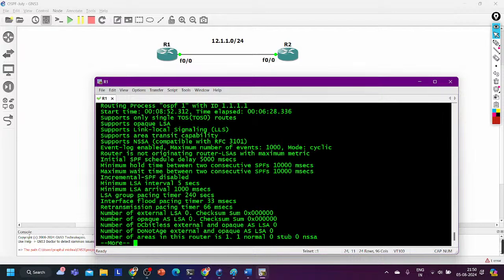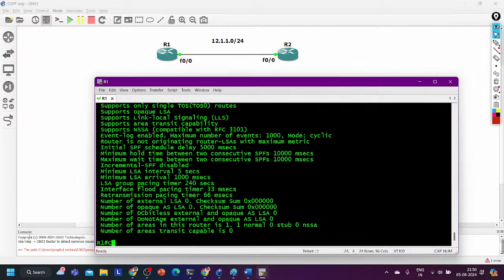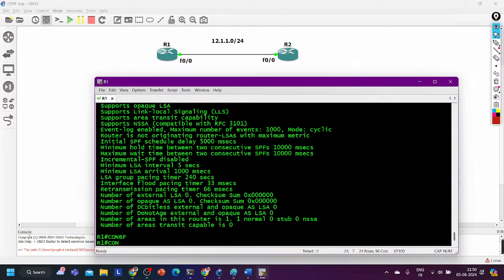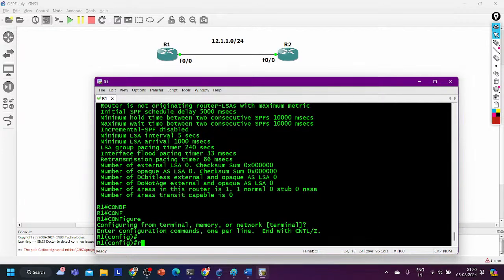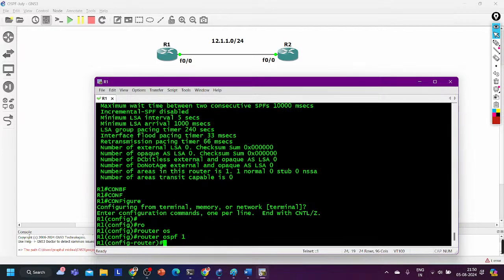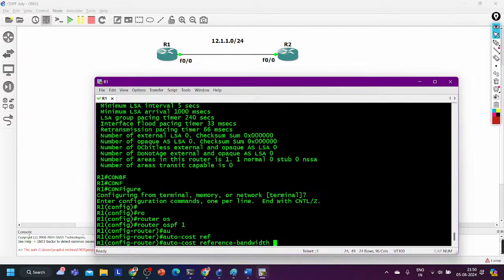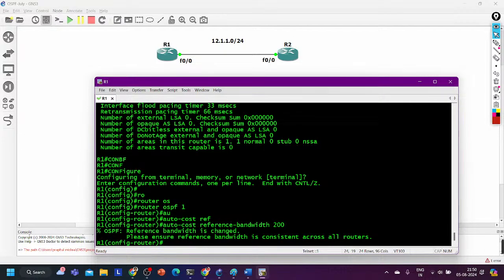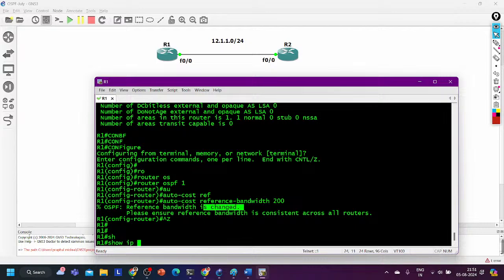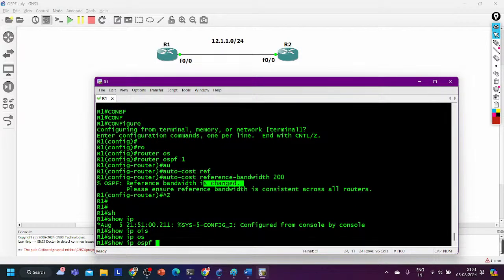Done. If you want to change the reference bandwidth, you can change it. Configure T, router OSPF 1, auto-cost reference-bandwidth, let's say 200. What is it saying? Reference bandwidth is changed. Now show IP OSPF.